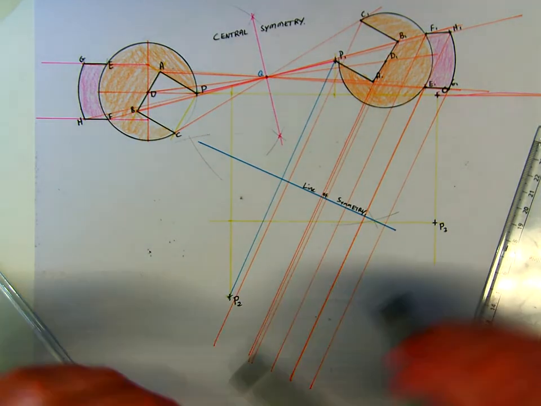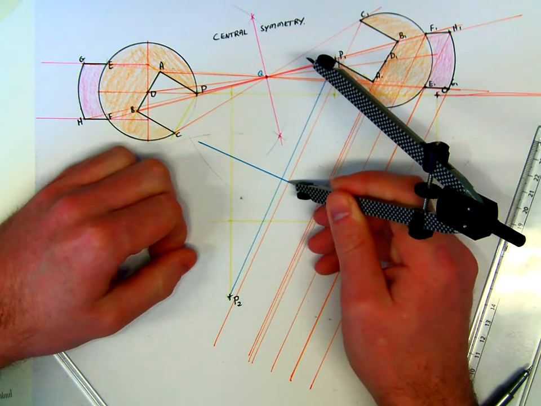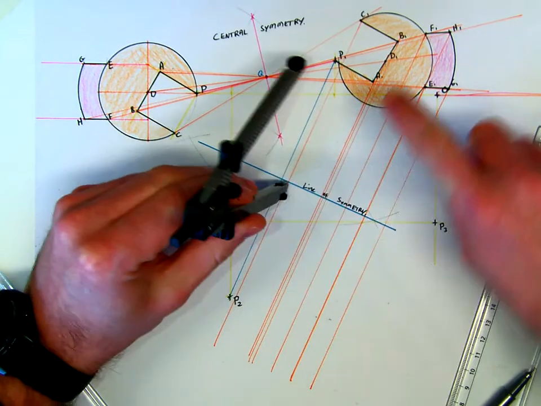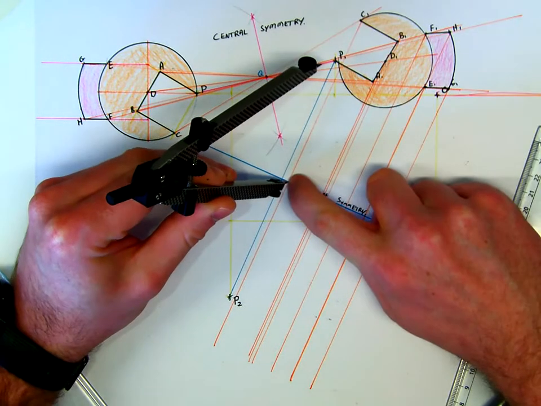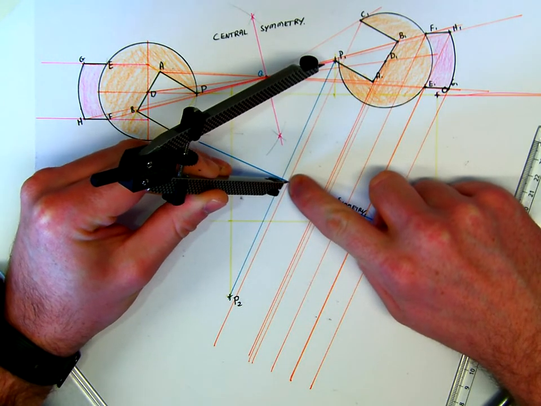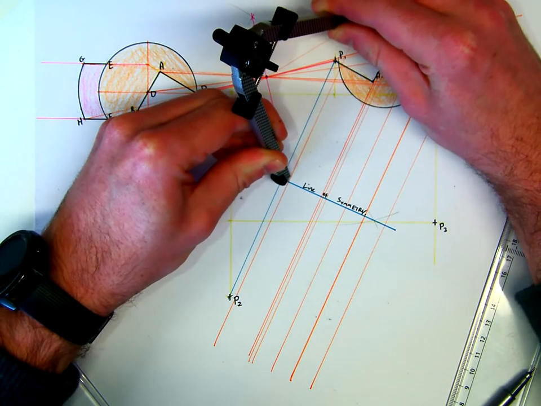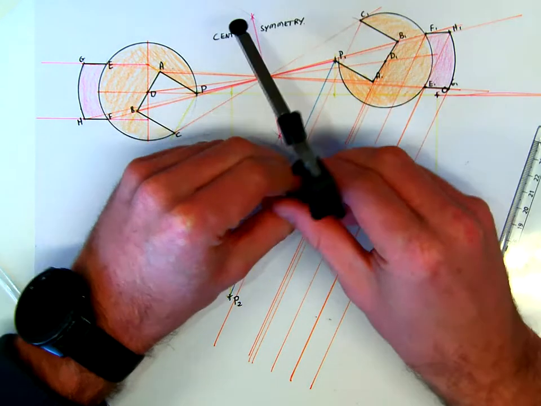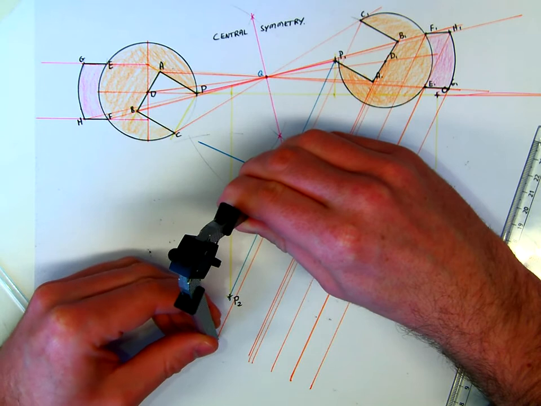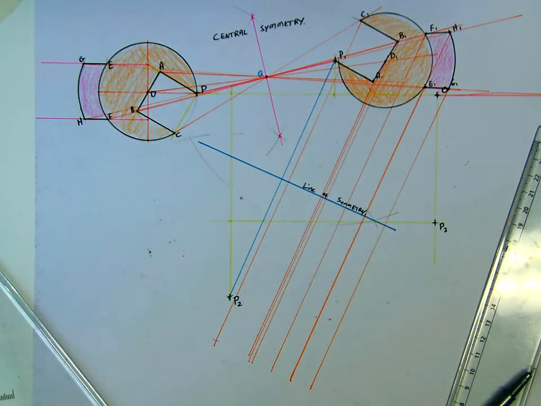And what I have to do is my compass goes on the line of symmetry for each one. So I'm starting off with C. My compass goes on the point where C is passing through the line of symmetry. I stretch it out to C1, and I swing this onto the same line. And I'm going to label this one C2.